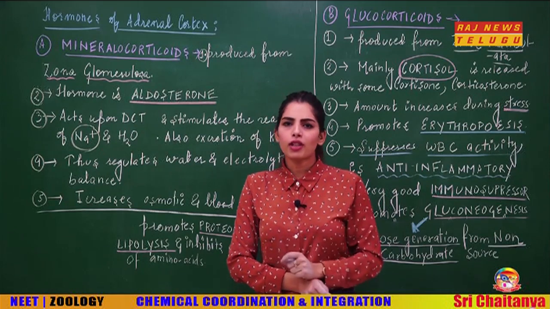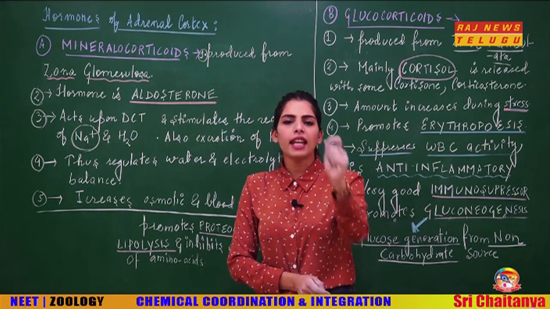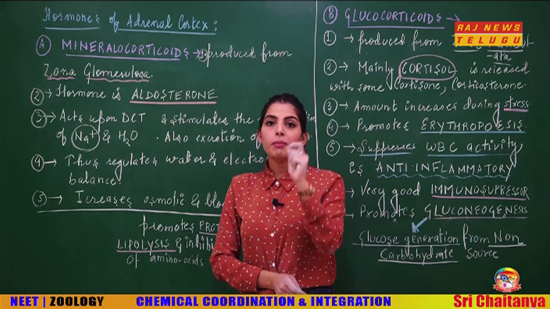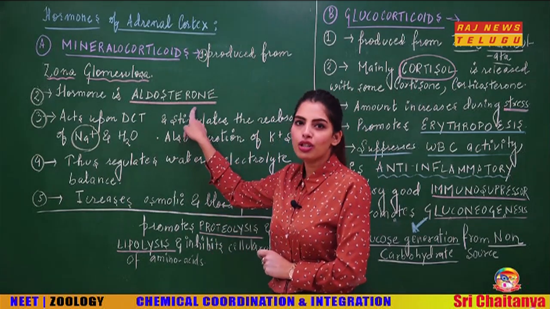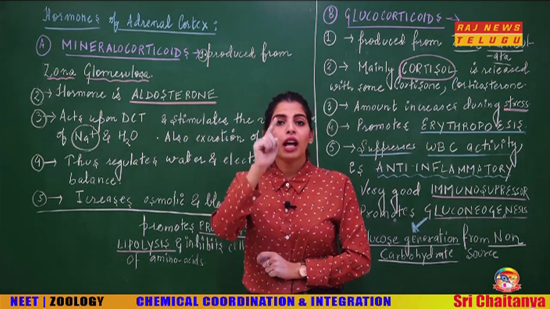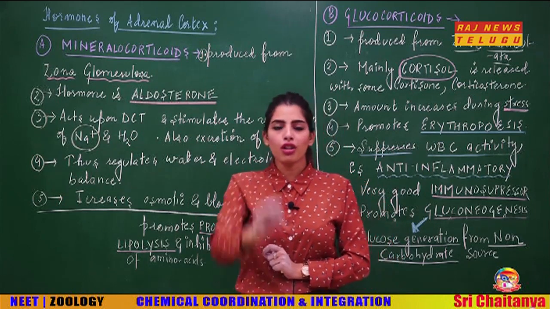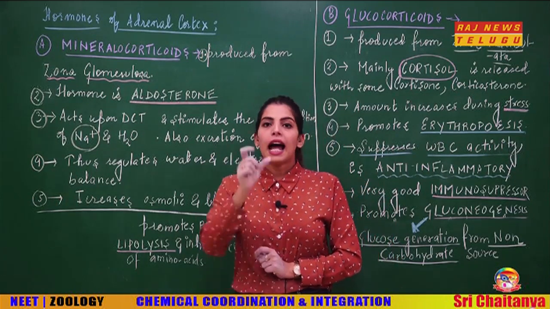But what is this mineralocorticoid and why is it named mineralocorticoid? The mineralocorticoid is aldosterone, and I know you have come across this term for sure in the excretion chapter.